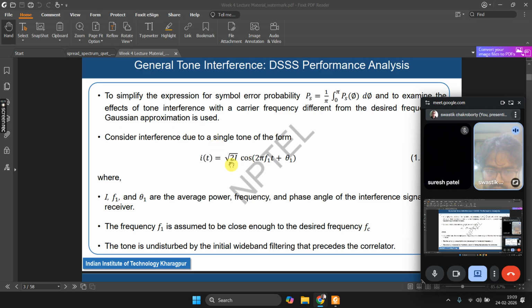Here specifically we are taking a single tone, I(t) = root 2I cos(2 pi f1 t + theta 1). Here I, f1 and theta 1 are the average power, frequency and phase angle of the interference signal.